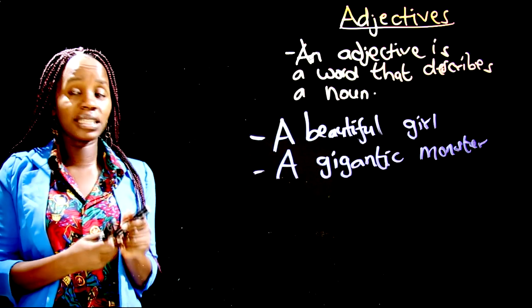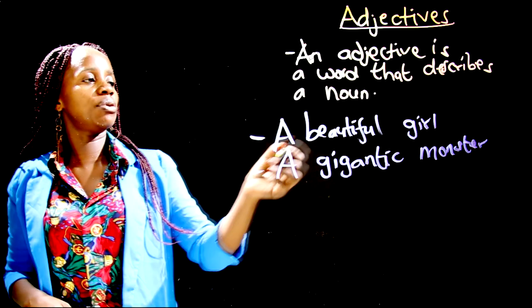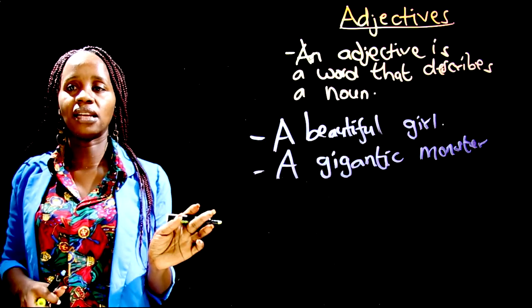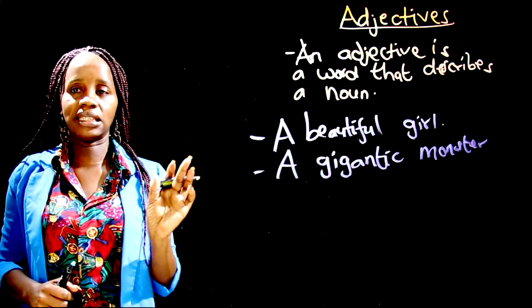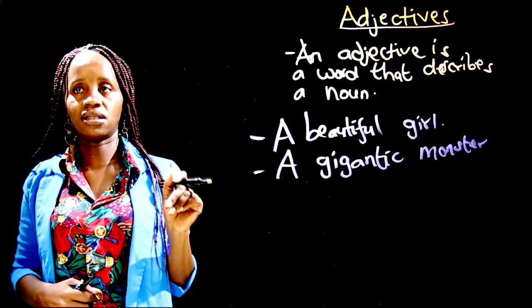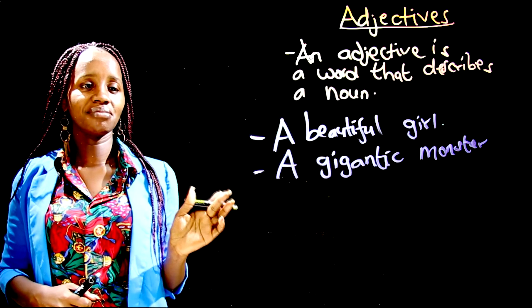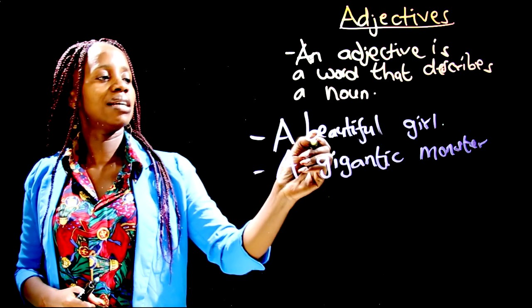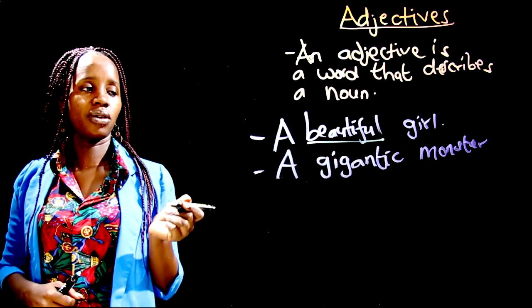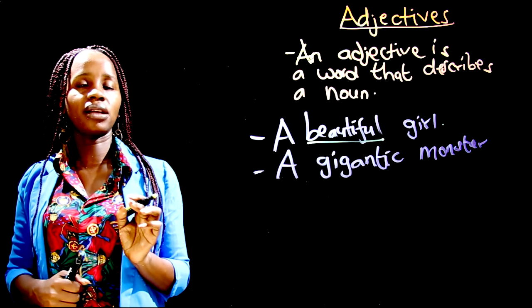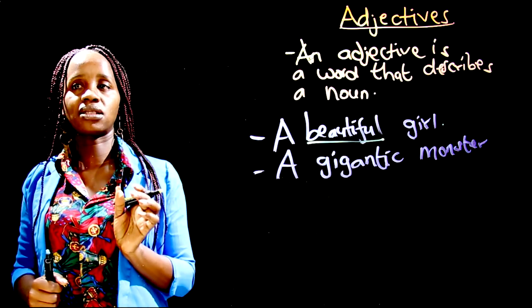So let us look at it together. A beautiful girl. Which one is the adjective in these sentences? Sentence 1, which one is it? Good, beautiful is. What about the second one? A gigantic monster.